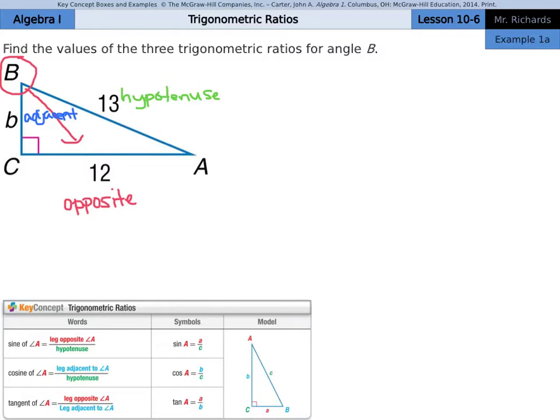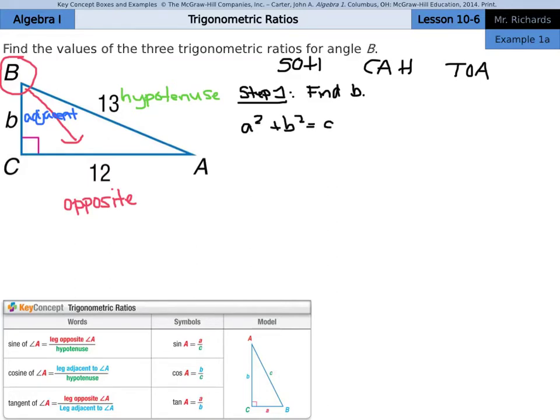And so to find the values of the three trigonometric ratios for angle B, we can start off with our SOHCAHTOA. And our first step is actually going to be to find what is the length of side B. We need to know that length. And so what we're going to do is use the Pythagorean theorem to find B. So we will use a squared plus b squared equals c squared.